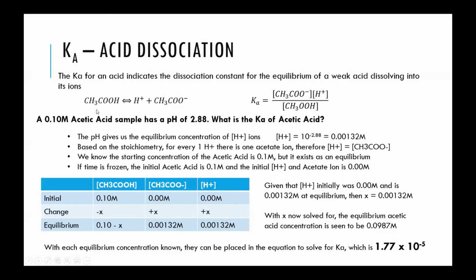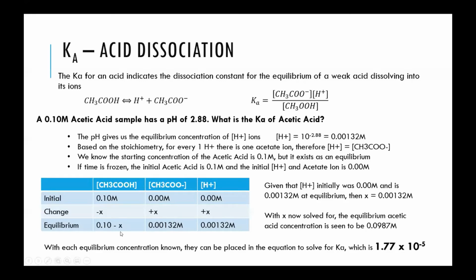You have the equilibrium concentration of the acetic acid, which was calculated, the equilibrium concentration of H+, which was measured by the pH, and the equilibrium concentration of the acetate ion, which was determined by the pH, but really also could be calculated through the ICE table.